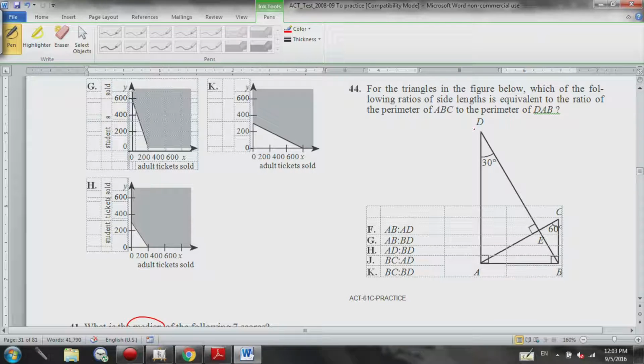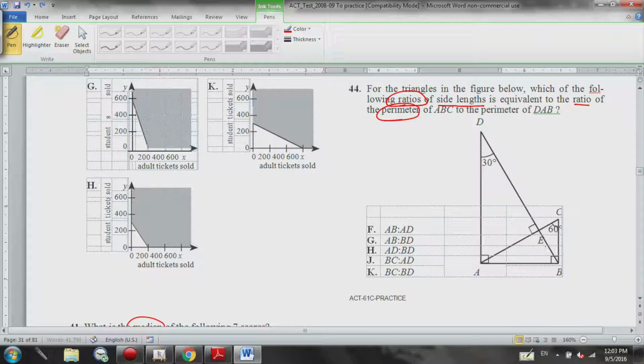It says for the triangles in the figure below, which of the following ratios, all of these over here, of the side lengths is equivalent to the ratio of the perimeter of ABC, the small triangle, to DAB, this triangle over here. So those are the two triangles we're talking about.